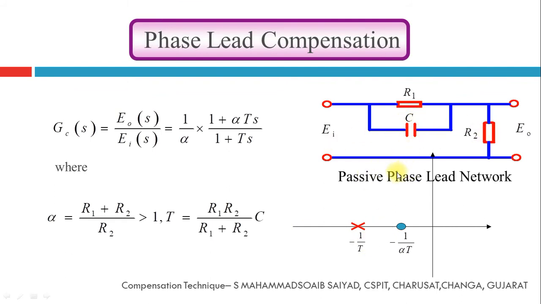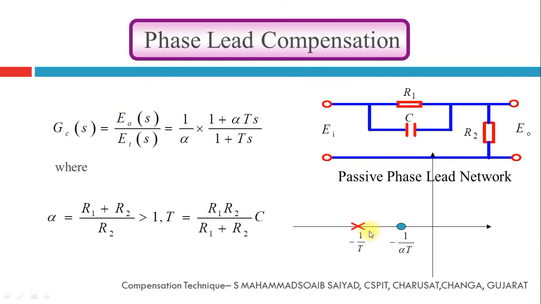So the phase lead network will be looking like this: R1 and C, okay, the lead network will be having a branch of R1 and C connected in parallel with each other, and R2 is connected in series. Okay, so this is nothing but the transfer function of your phase lead compensator. It is given as 1 upon alpha into (1 plus alpha T s) upon (1 plus T s).